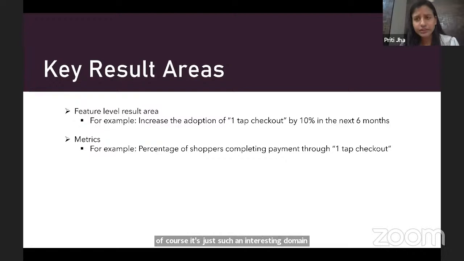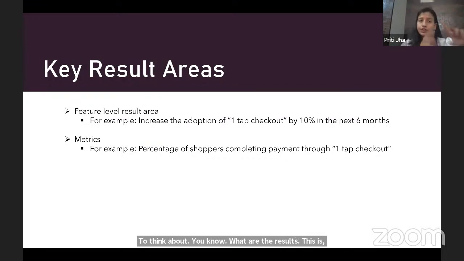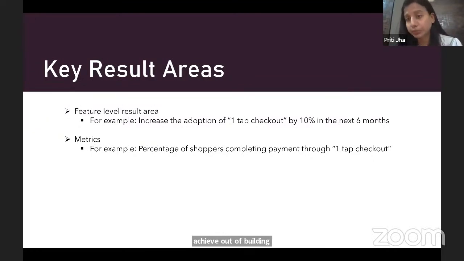What happens is, very many times we get carried away with a certain idea, but we forget to think about what are the results it is going to have for me. And that is why initially, when I was defining the whys, I had the goals as well covered in that why list. Basically, what are the outcomes that I'm going to achieve out of building a certain product. This is basically the outcome part.